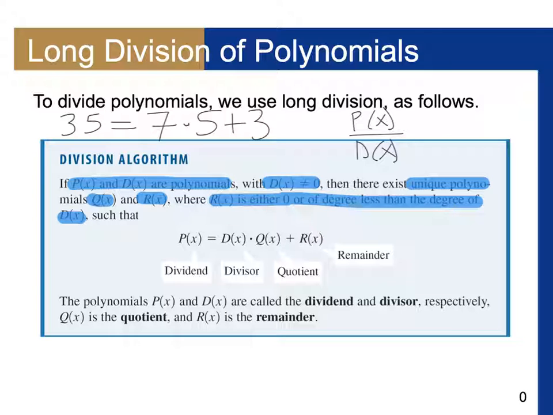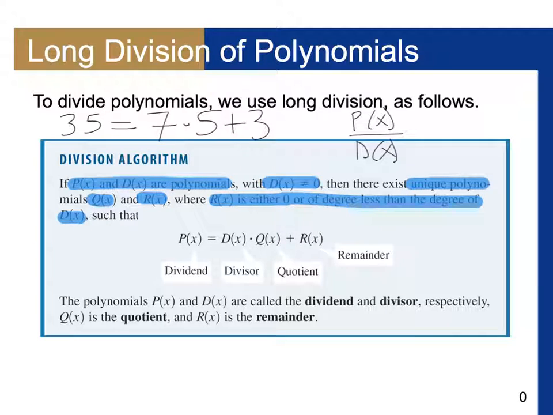In number terms, our remainder has to be less than our divisor, like the 3 has to be less than the 7. Here we say it has to be lower degree, or 0. It can't be the same degree or higher. That's when we stop, when our remainder is of lower degree than the divisor.